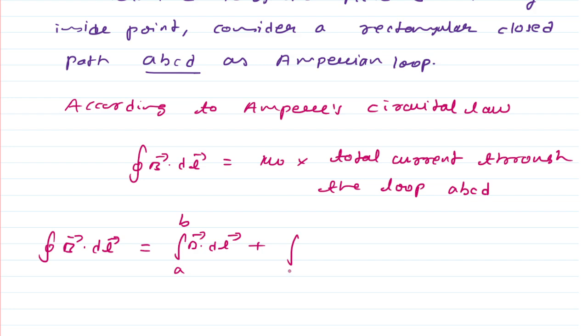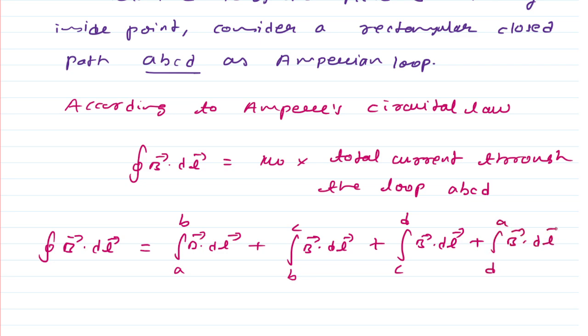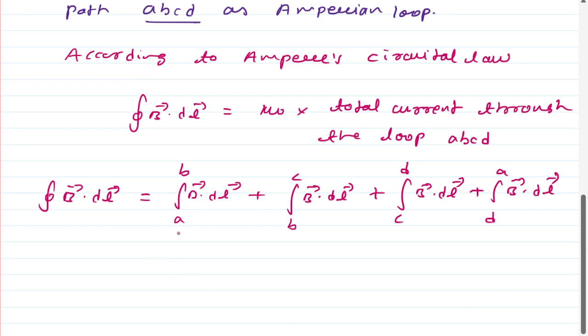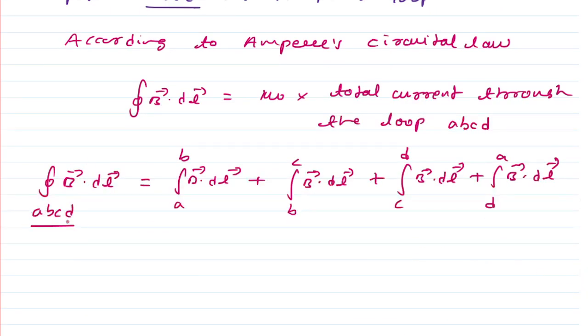Then B to C, this is also open, then C to D, also open, and D to A, also open individually. If we join all together, then we get the closed loop ABCD, and that is what we want. So we need to calculate all of them individually.